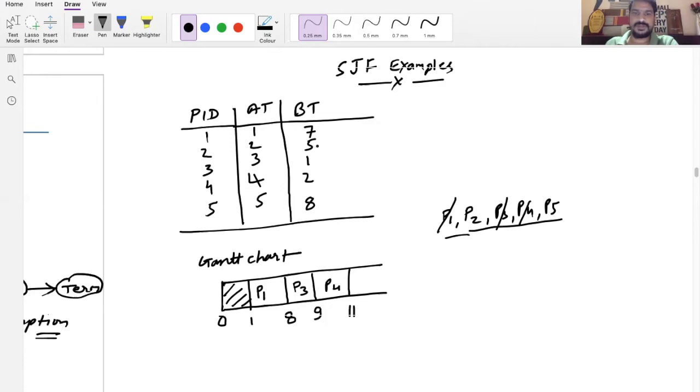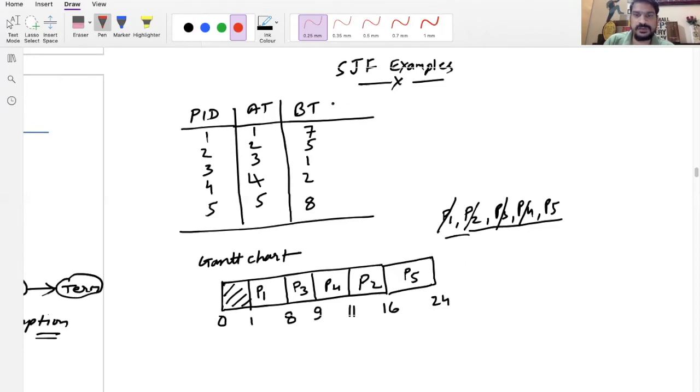P2 is 5 and P5 is 8, so we have to pick P2 because it has the least burst time, which is 5. It will finish at 16. Now the last one left is P5, which will execute for 8 units of time and finish at 24.